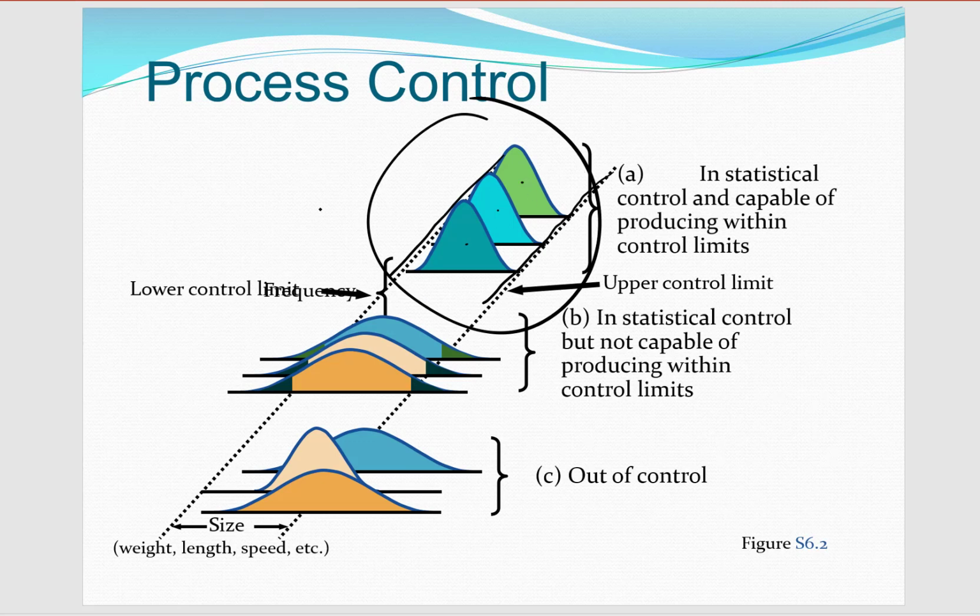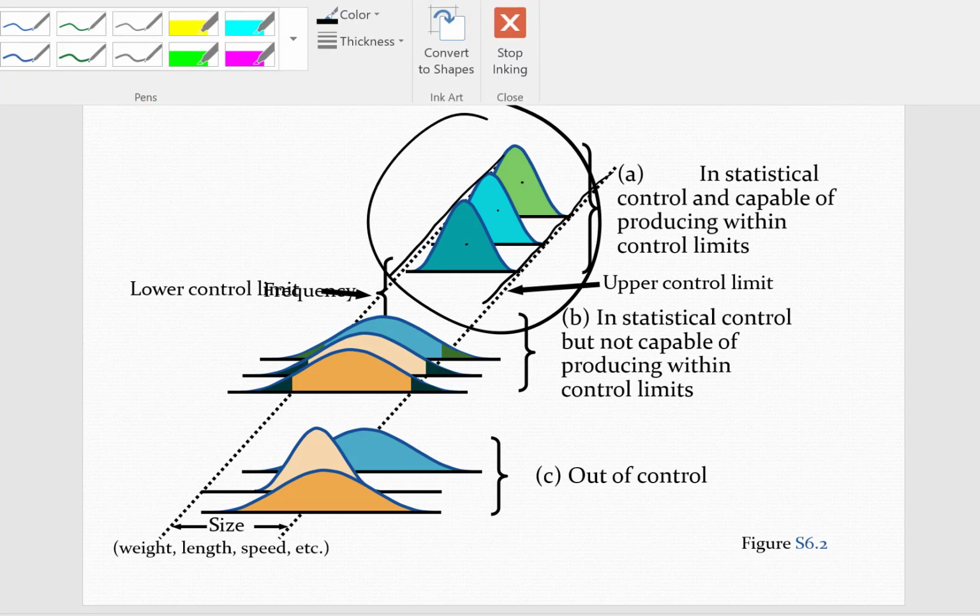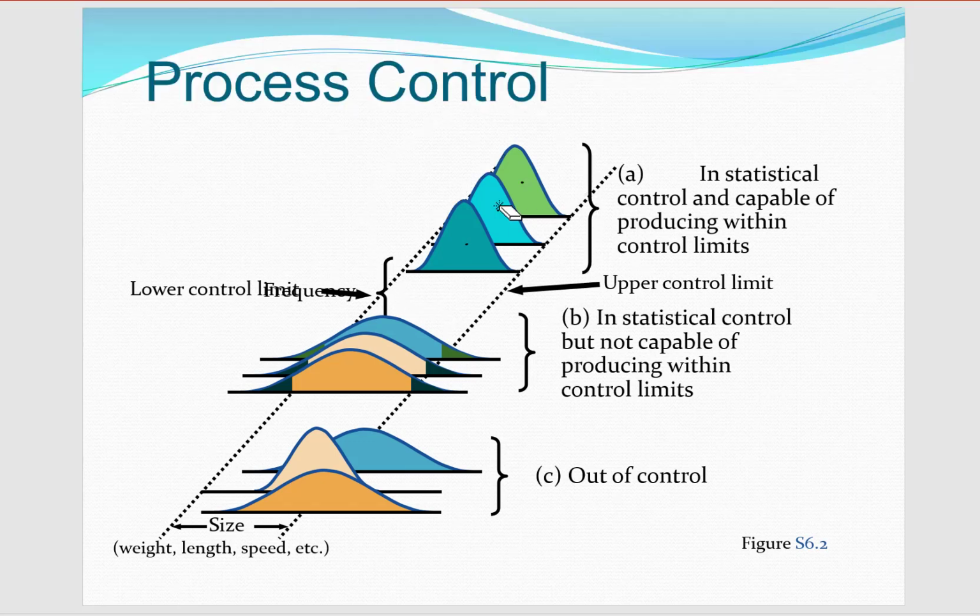Over here we can see that the process is in control because they all behave similarly over time, but it is not capable because there are parts of it that fall outside of the control limit.